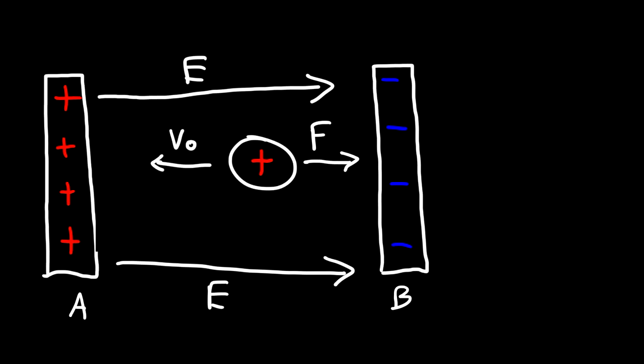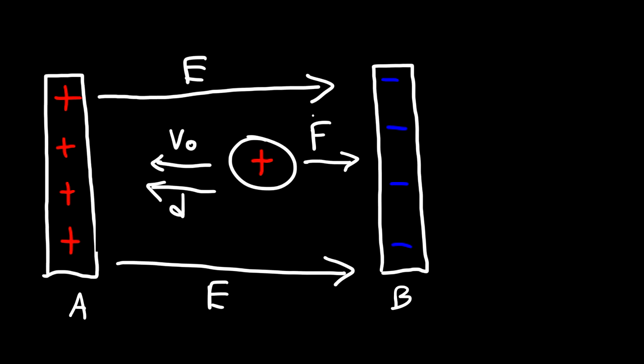And so even though it's moving to the left, due to its initial momentum, it feels an electric force that is pulling it towards the right, towards the negatively charged plate, because opposite charges attract each other. So right now, the charge has a displacement vector to the left, but the force is towards the right.